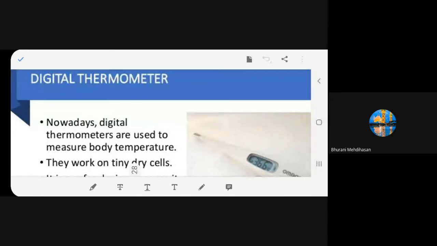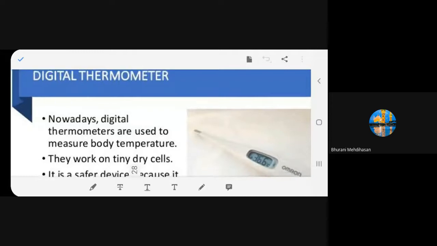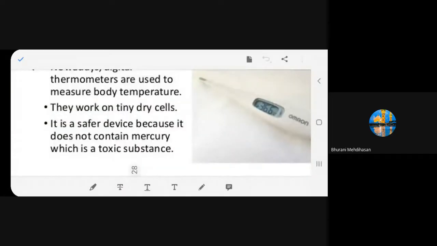Digital thermometer. Nowadays, digital thermometers are used to measure body temperature. They work on tiny dry cells.